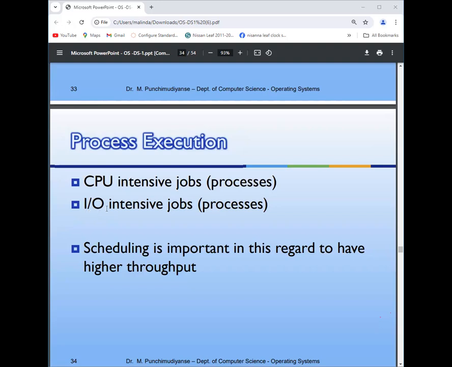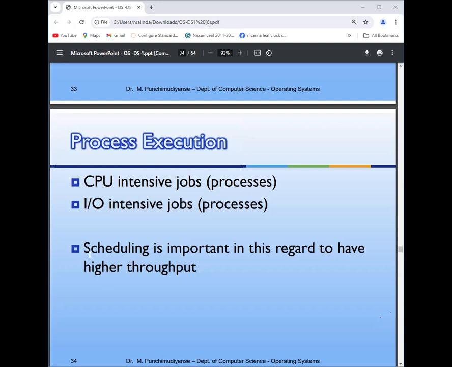IO means input output, which means it always wants to read from somewhere, like a disk, CD, USB, or the network. So when we have a mix, we can balance this out, because while one process is waiting for input and output, we can give some time to the CPU intensive jobs. So there is a mix.